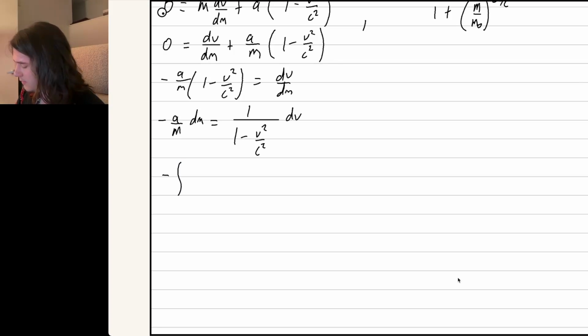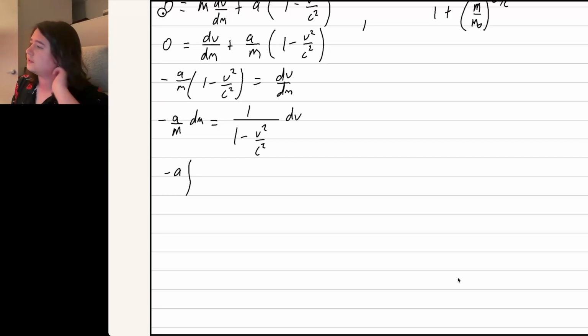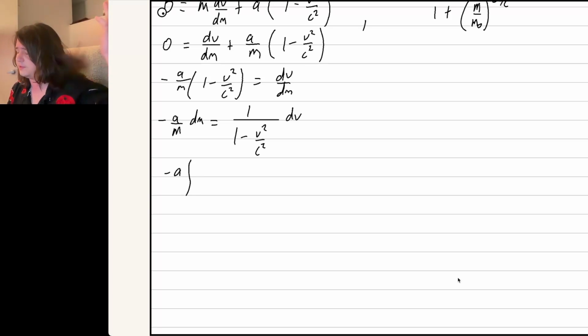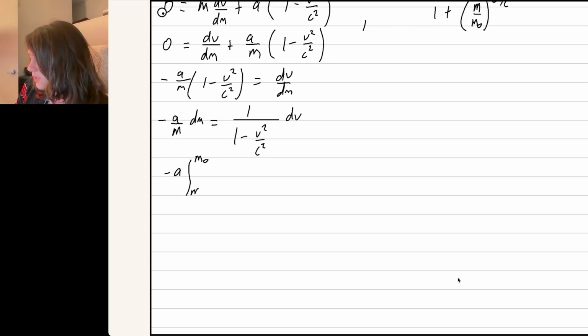So we have minus a. This is a subtle point. M naught is actually larger than m, right? Because you're starting with a rocket. It's going to have a lot of fuel, but as it goes, it's going to lose that fuel, so it's going to lose mass. So we're really integrating from m naught over to m for dm over m.